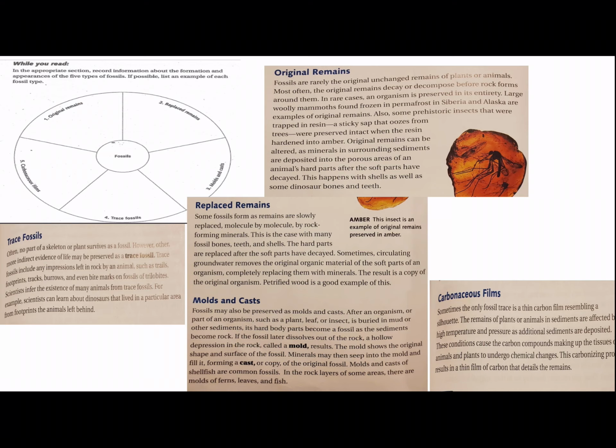These conditions cause the carbon compounds making up the tissue of animals and plants to undergo chemical changes. This carbonizing process results in a thin film of carbon that details the remains. I would just put plants or animals as an example, because they didn't give a specific one.